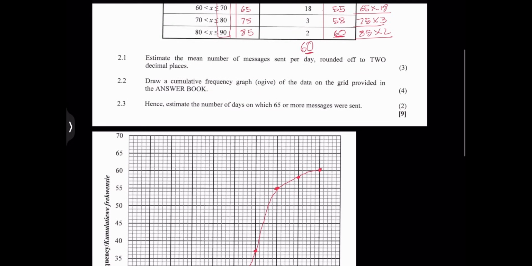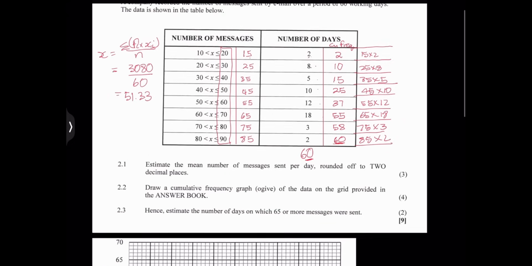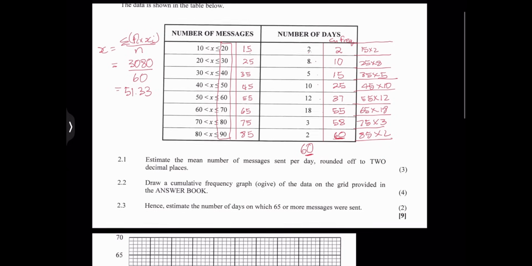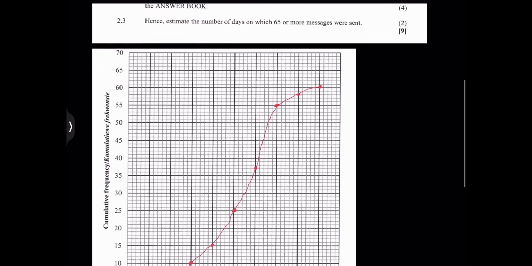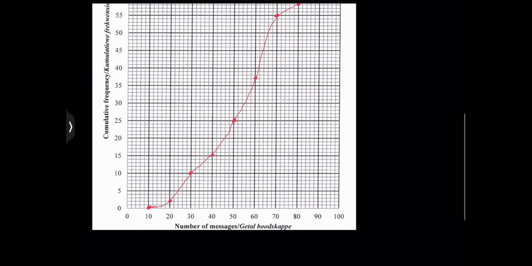Right, now the next question, they say, hence, estimate the number of days on which 65 or more messages were sent. Now, please remember that in this case, they gave us the number of messages, and we're looking for the number of days. So 65 or more.